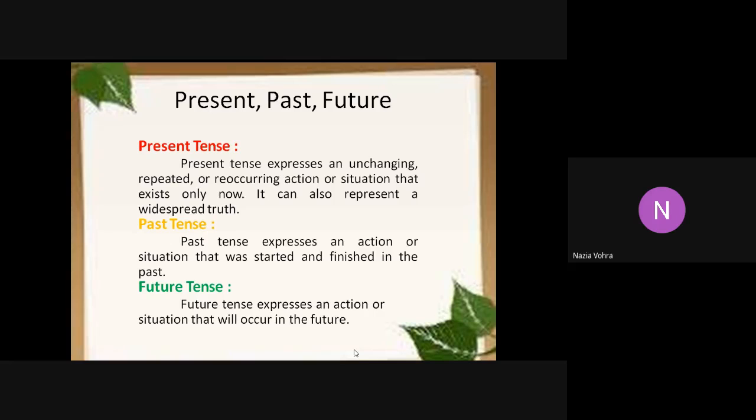And future. In future, an action or a situation will occur, is going to take place. What about your IELTS exam? Are they going to take place, or have they already taken place, or are they taking place? Who will answer this? Pooja? Are you there?